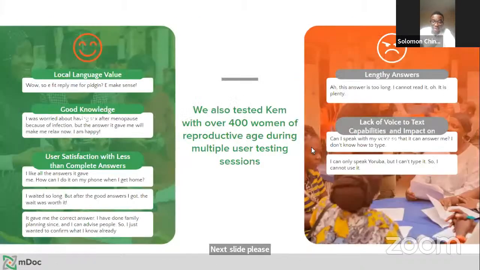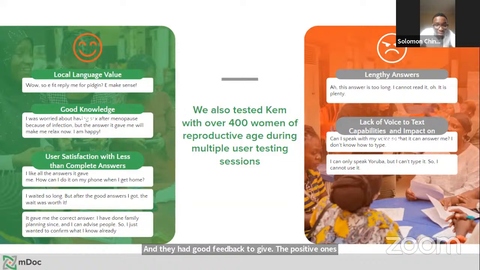We also tested Chem with over 400 women of reproductive age, like I mentioned, doing multiple user testings, and they had great feedback to give. The positive ones: someone said, wow, so if it replies me in Pidgin, it makes sense.